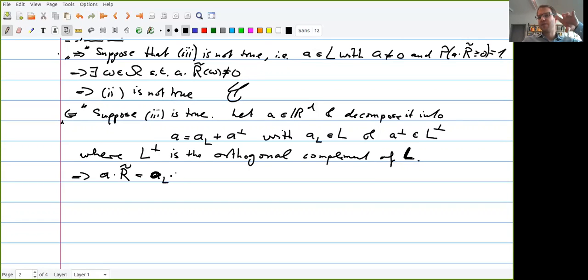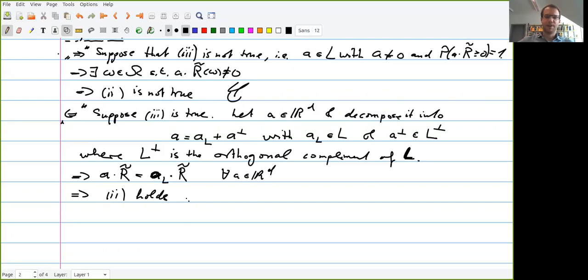Because everything which is in the orthogonal subspace is just eliminated, so it's identical to 0. So by the linearity of the scalar product with R tilde, the discounted returns, we have this identity. And this means the second property also holds.